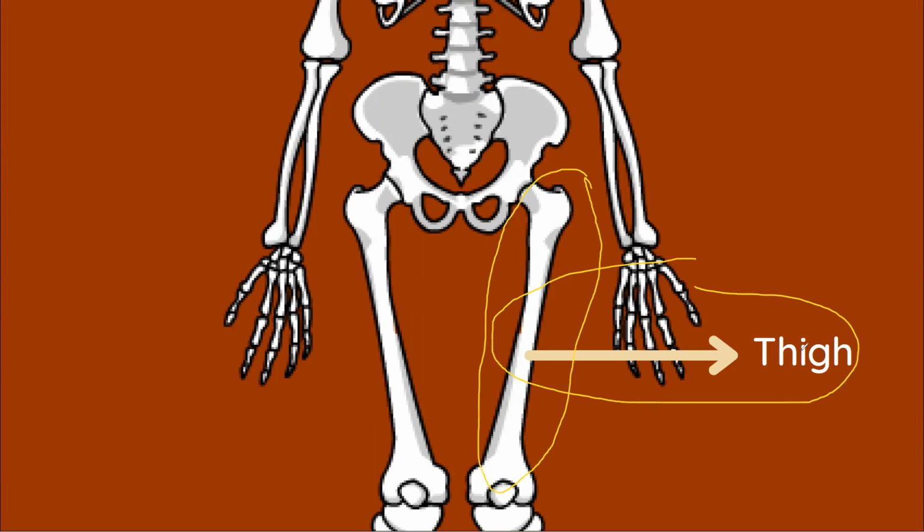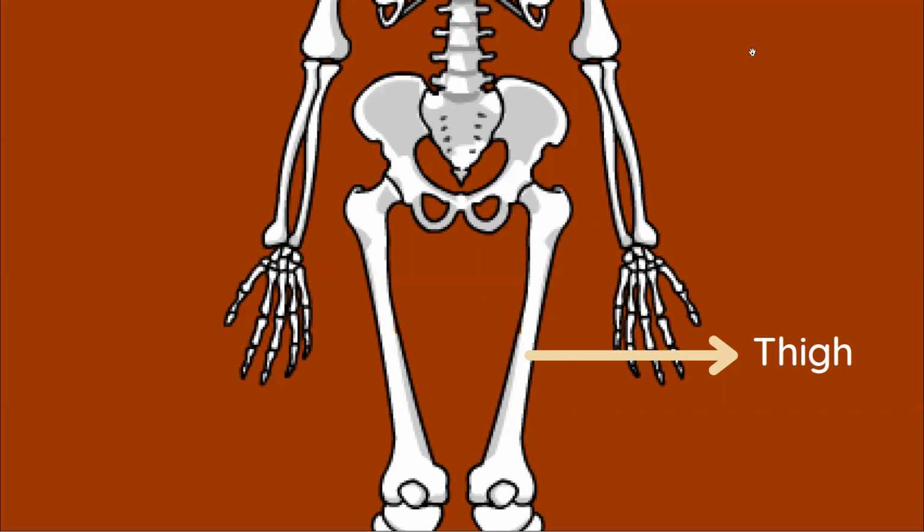But don't forget, skeletons grow. So eventually the baby's thigh bone will become as big as the adult's thigh bone one day. All right, class. Okay, come. I want to see the raise of hands of who got all correct so far.